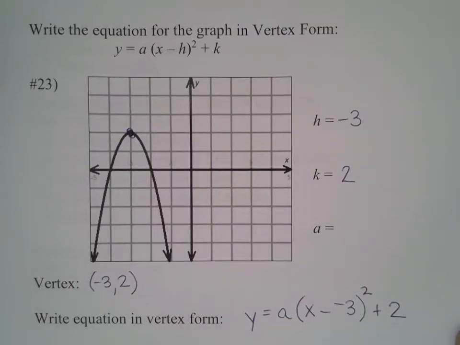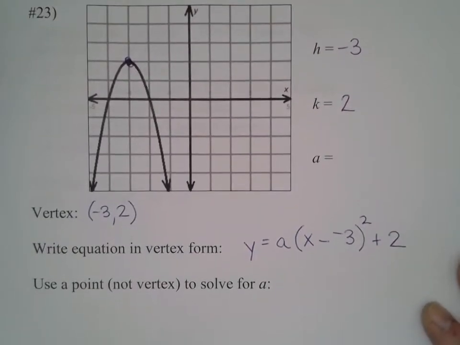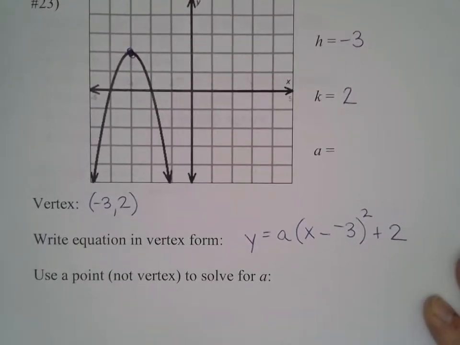So now we want to take what we have and use it to help us solve for a. So I want to use a point that is not the vertex and plug that in for x and y and use it to solve for a. So you could pick any other point except the vertex. I don't know which point looks the best to you.